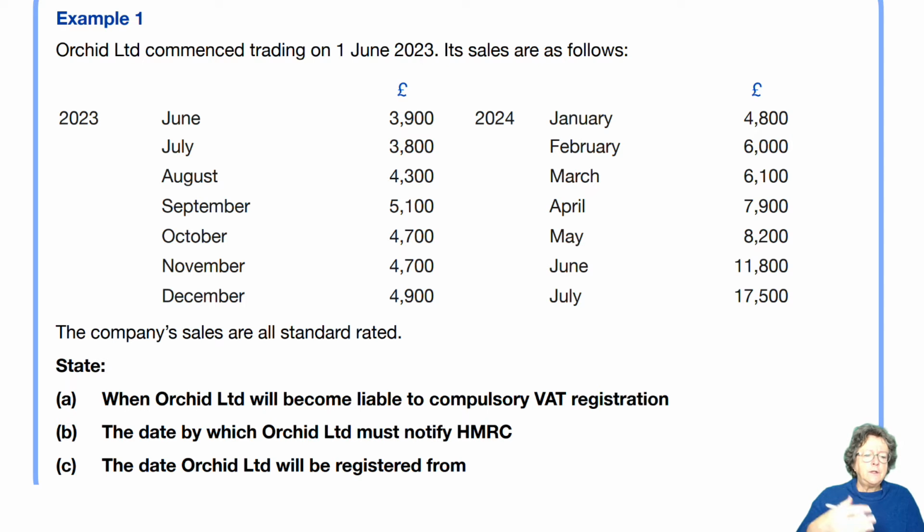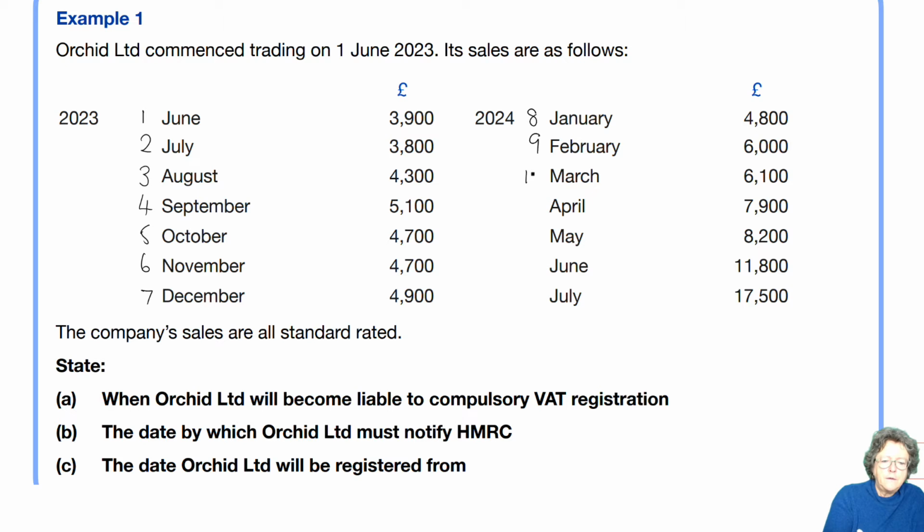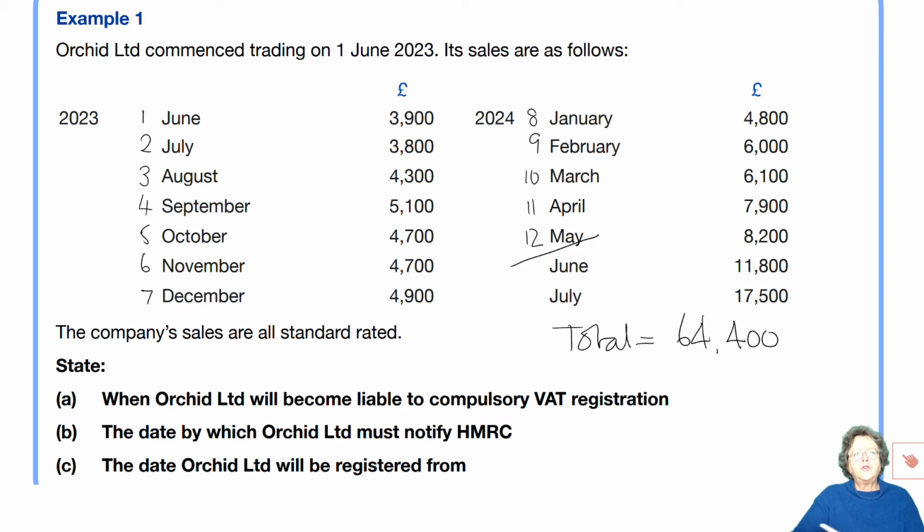And you calculate the registration over a 12-month period, as it said. So if we start 1, 2, 3, 4, 5, 6, 7, 8, 9, 10, 11, 12. So at that period, at the end of May, the total, I've worked it out before, is 64,400. Okay, the limit has not been exceeded.